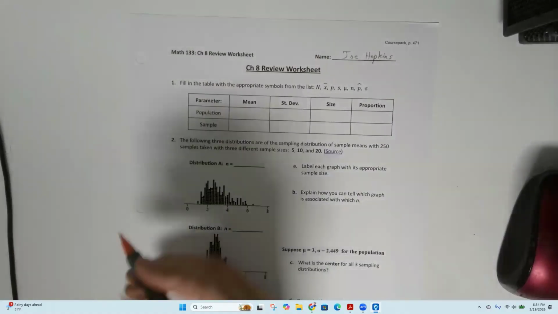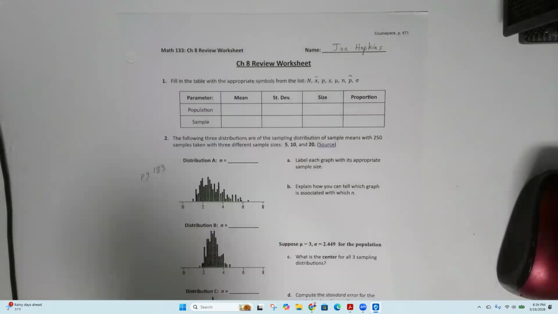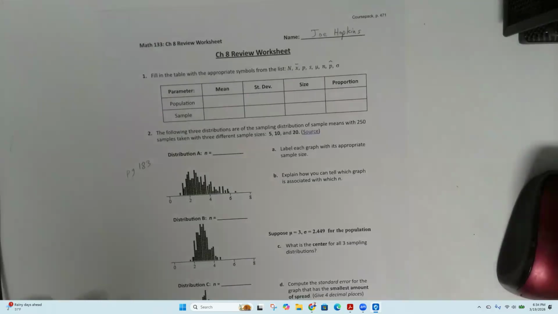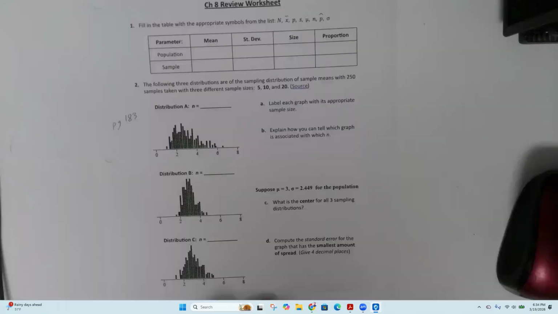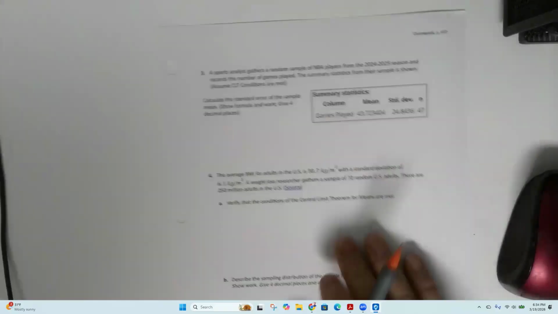Question number two, you can find information on this on page 183 in your course pack. Okay. I'm going to skip through that. The one I actually want to look at is on the next page, page 472, number 3.